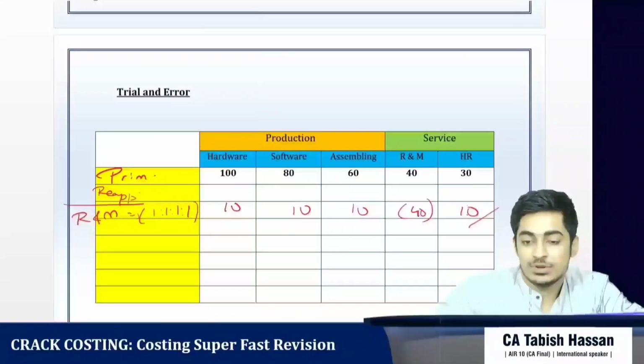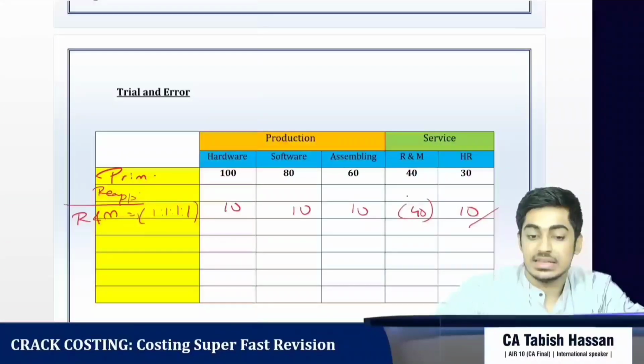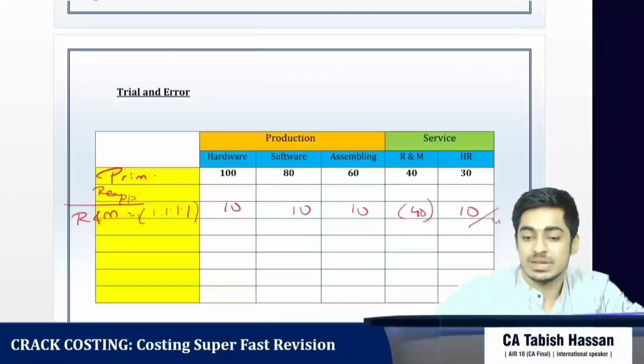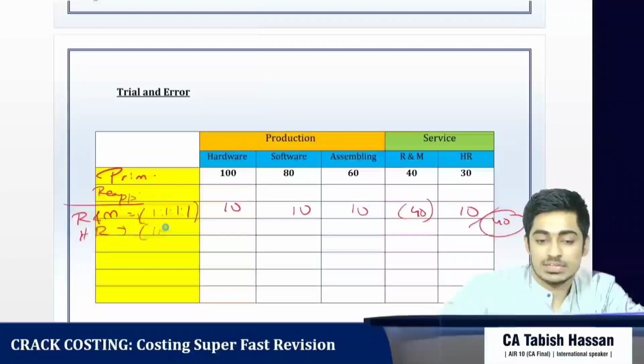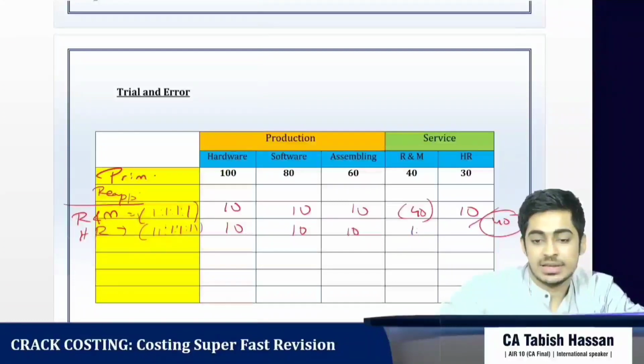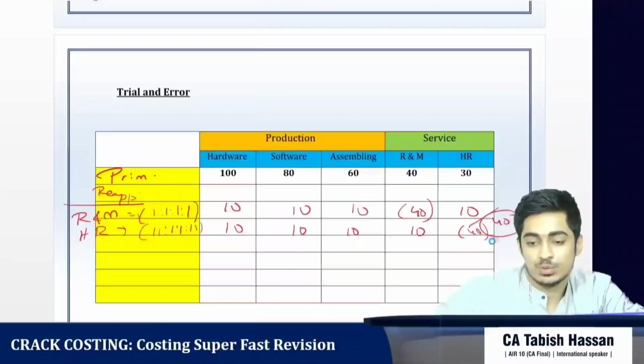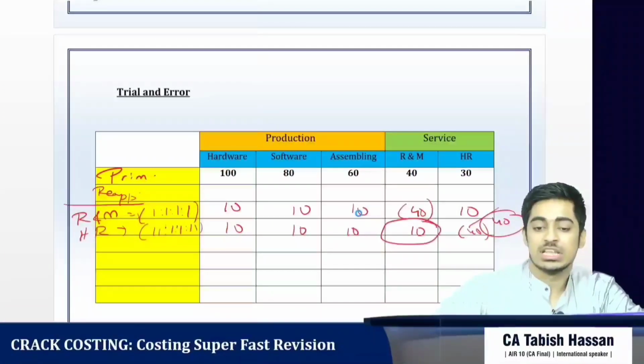Now we have the total for HR, including the reapportionment of repairs and maintenance, at 40. Now I'll have to reapportion HR. I again assume I do it at 1:1:1:1. Again 10, 10, 10, 10 and 40. Now this one has become nil, but now we still have 10 rupees.